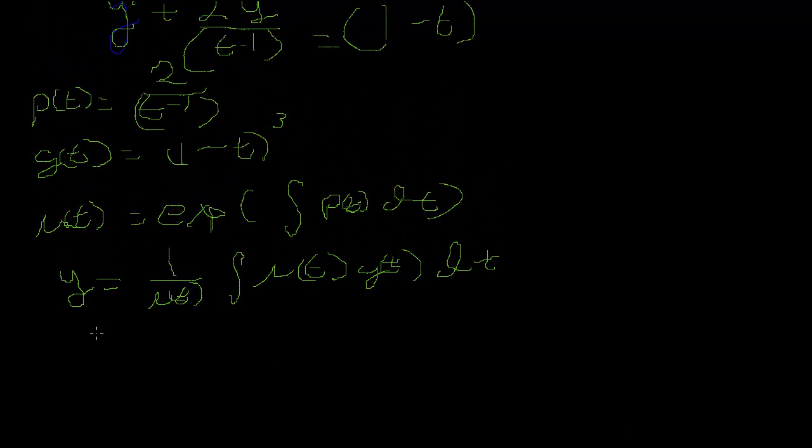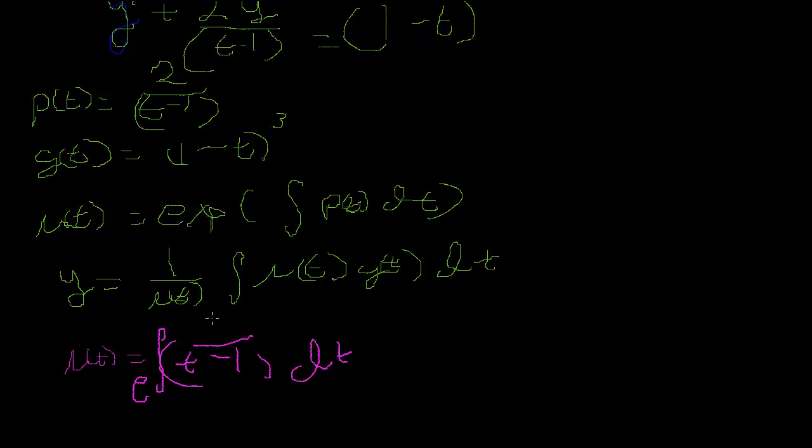So, mu of t equals e to the integral of 2 over t minus 1 dt. We can take the 2 out, so we have e to the 2 times the integral of 1 over t minus 1 dt.